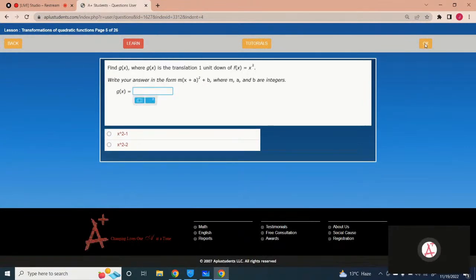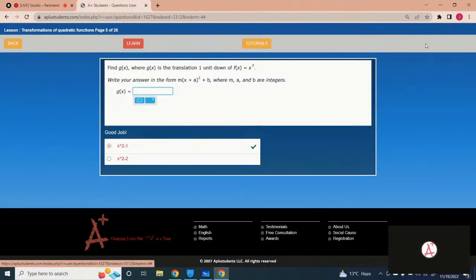Okay, find g of x, translate 1 unit down. It would be the first option. Got it? Yes, just select the correct option and click on the OK button.